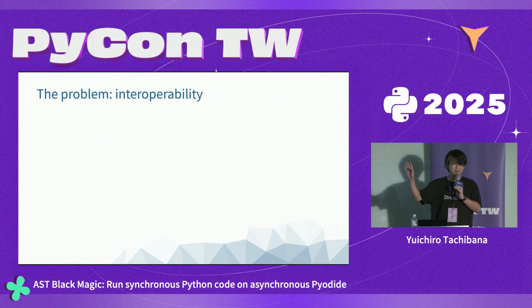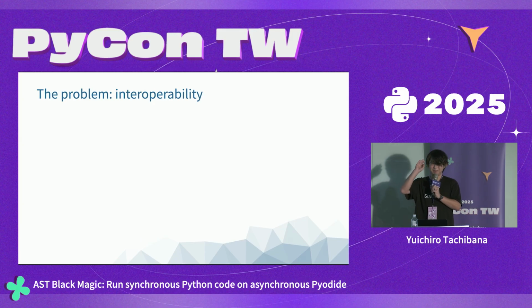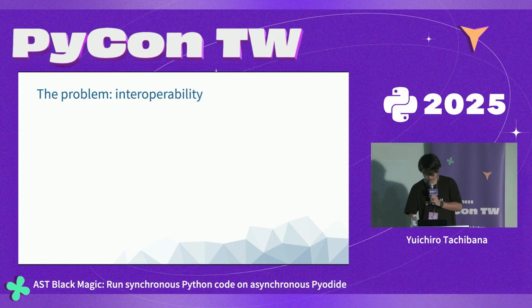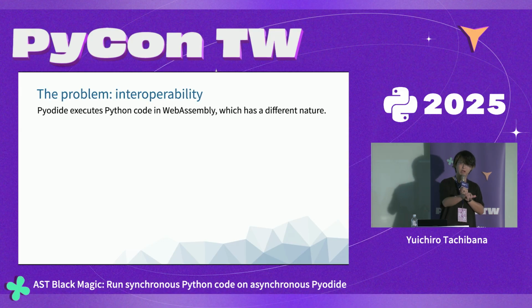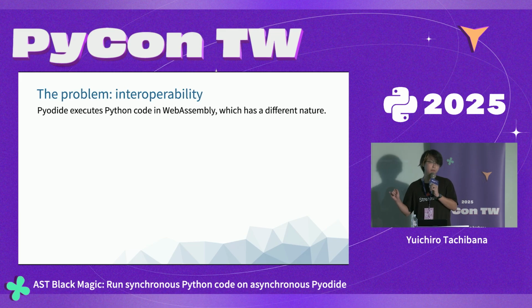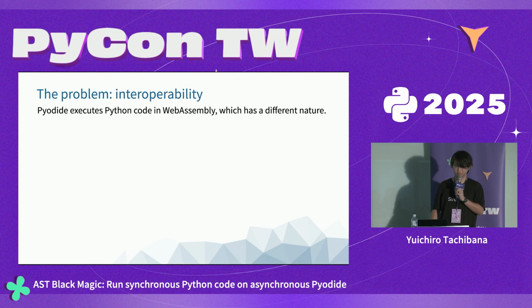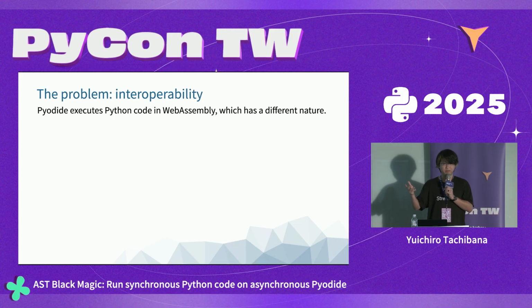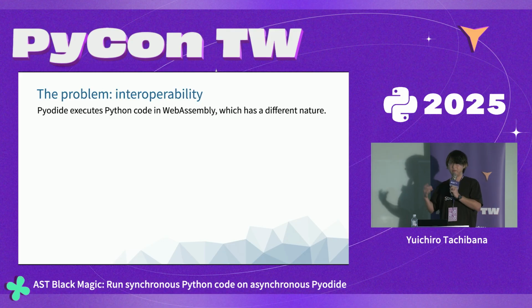And please forget everything about these things. But the core topic I'd like to talk about in this presentation is the problem I had when I was working with Pyodide. That was interoperability between Python and Pyodide. Basically, Pyodide can execute 99% of Python code, but due to its nature, being based on a web browser or JavaScript runtime, it is slightly different from our usual environment where we run Python scripts.